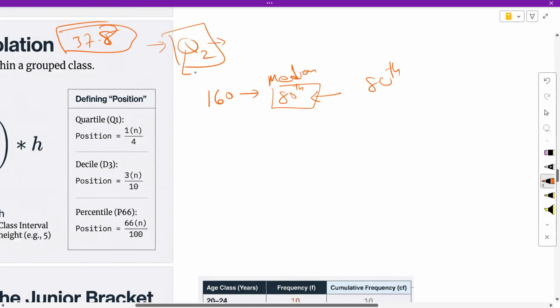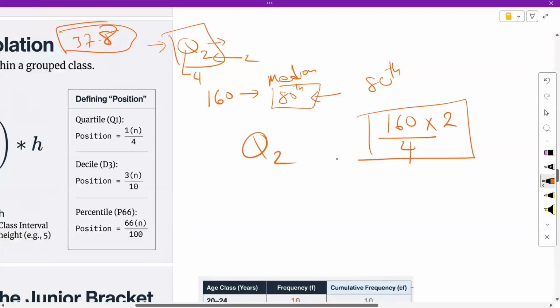Q means 4, then K is 2. So 160 divided by 4 into 2. This is the position. Q means 4, K is here, and the number of observations is 160.